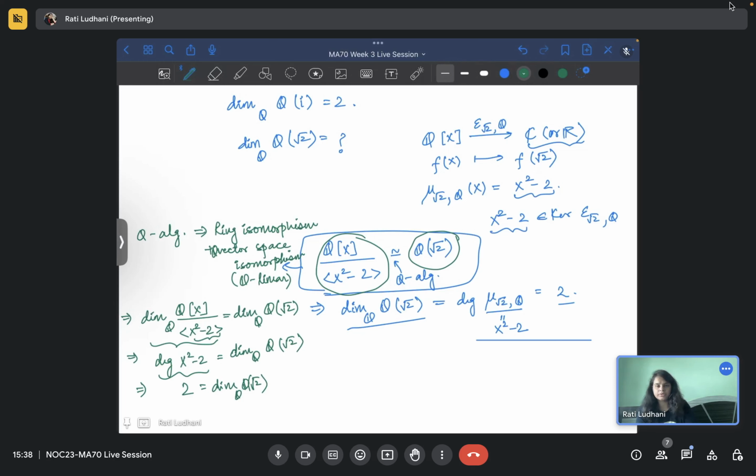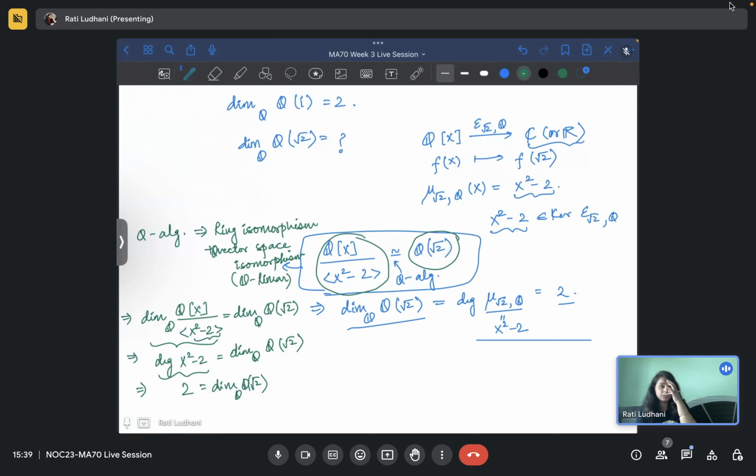So as I said, whenever dimensions are same, you have a basis. You have a basis for both Qi and Q root 2, which has the same cardinality. So you consider any basis for Qi and Q root 2, and it has the same cardinality. So as a set, you just give a bijection of these bases, and when you have the bijection, then you can just extend it to a Q-linear map.